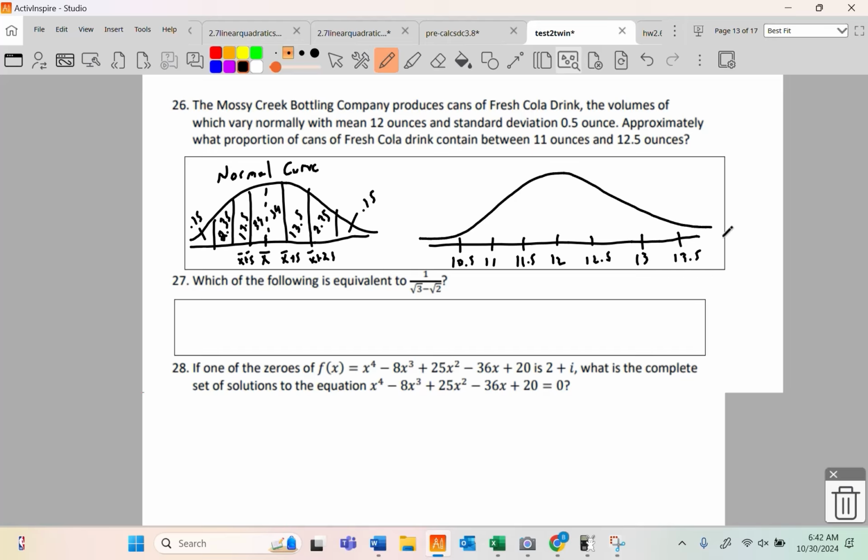Now, I want to know what proportions of cans of fresh cola drink contain between 11 ounces and 12 and a half ounces. So I'm interested in this territory right here. So let's go back and look over here. This guy is 13.5.